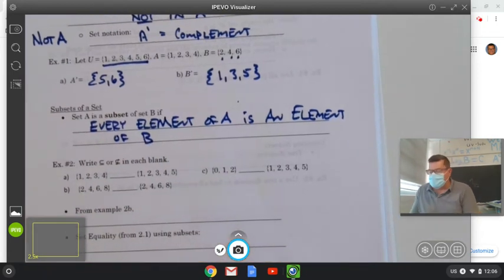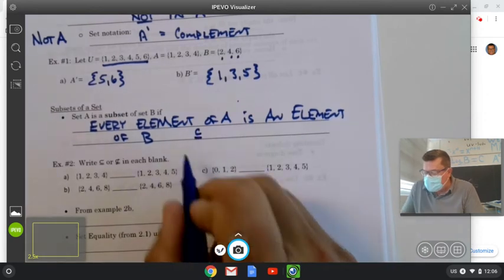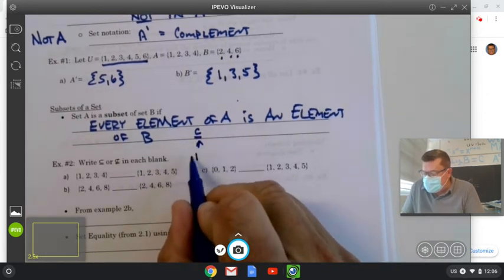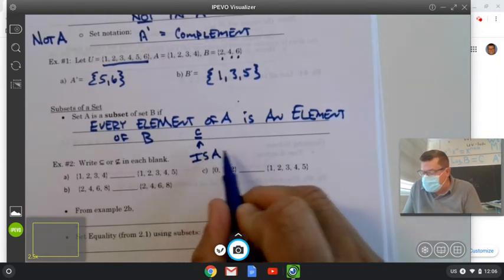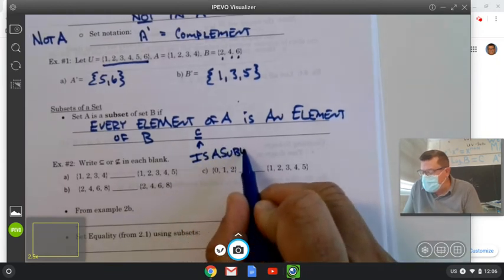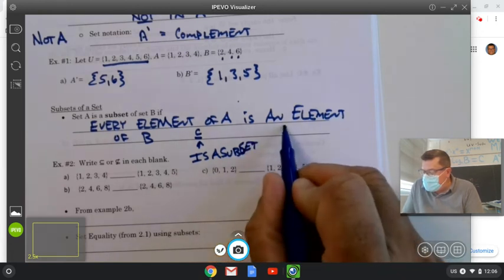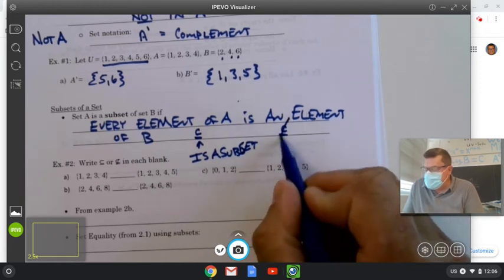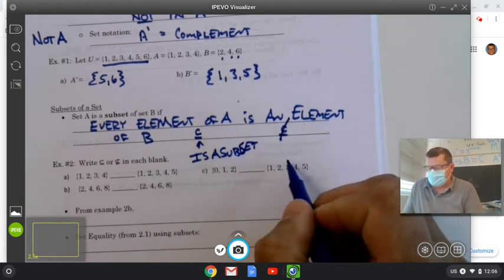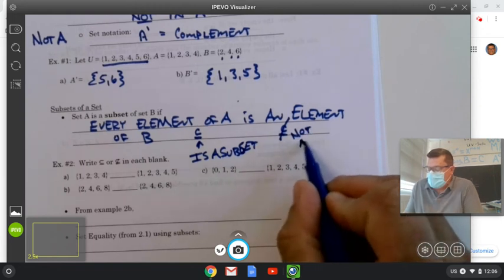The symbol for subset is like a U with a little underline. That is a subset of, almost looks like the letter C, doesn't it? Is a subset. Little letter C with the underline, slashed, is not a subset. That makes sense.